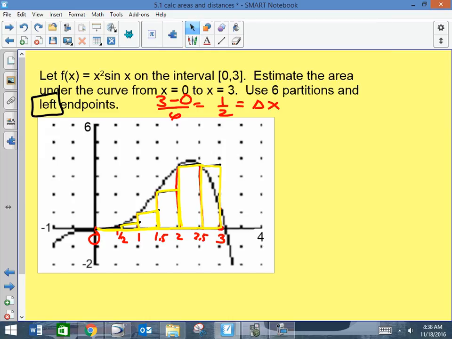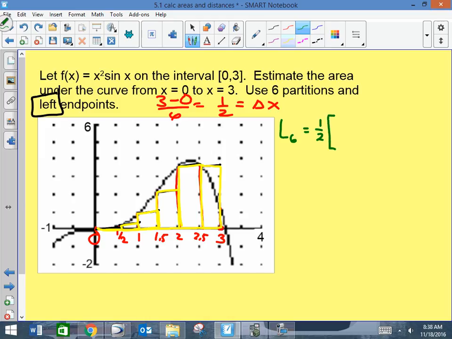Okay, let's get that going here. And this time we're doing L6. So we're going to pull out the half from the beginning. Okay, we're going to do the F's. Just to be clear, we're starting from the left. What's the first one on the left? 0. And then half. And then 1.